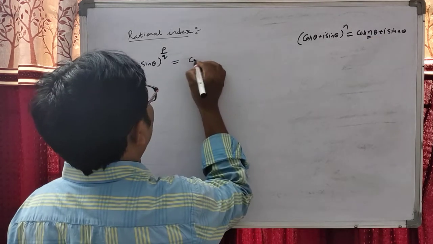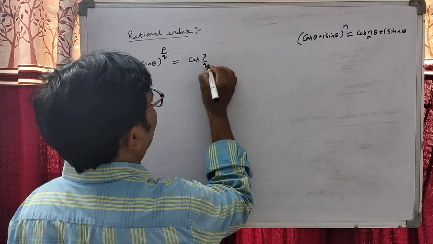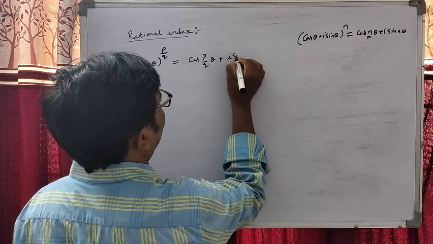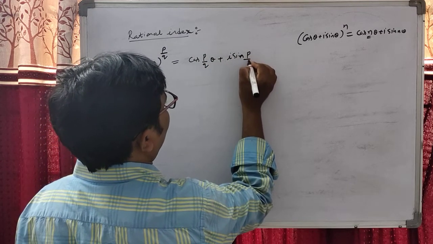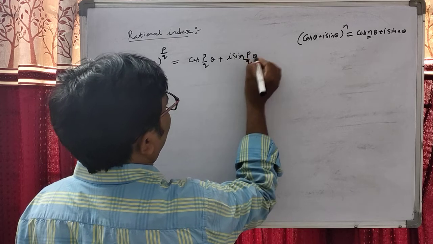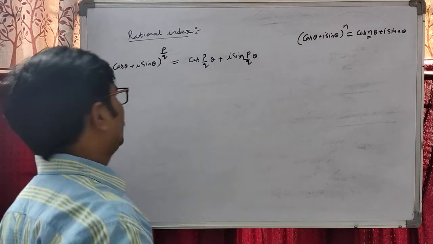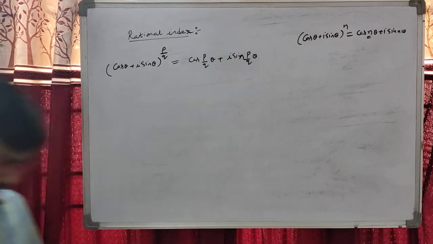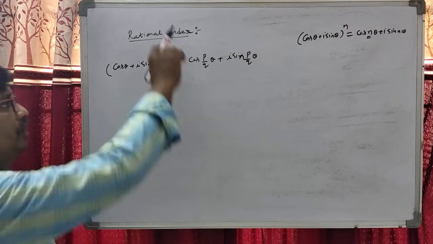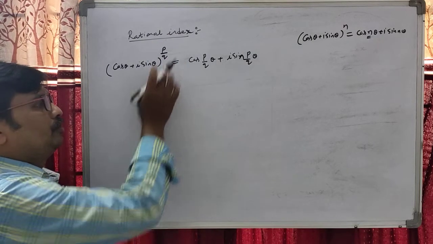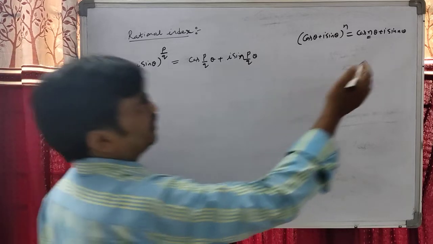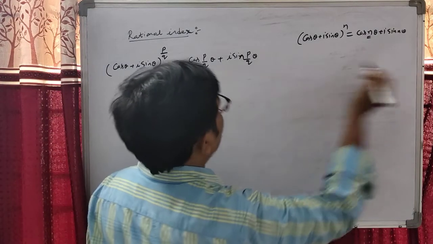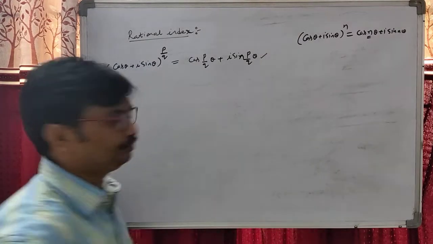We can write it as cos of p by q theta plus i sin p by q theta, where n is a rational number and q is not equal to 0.